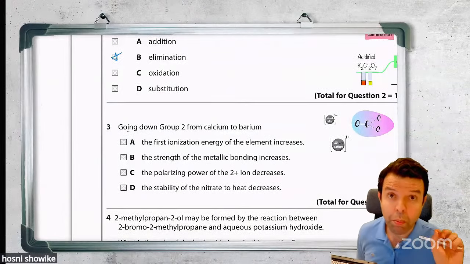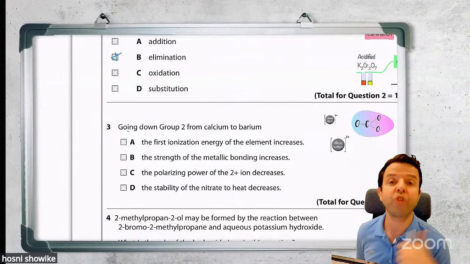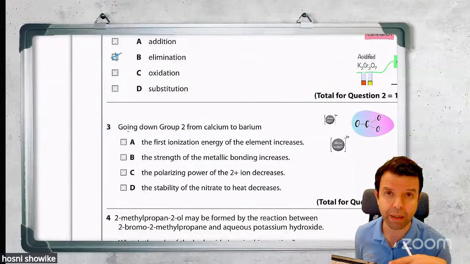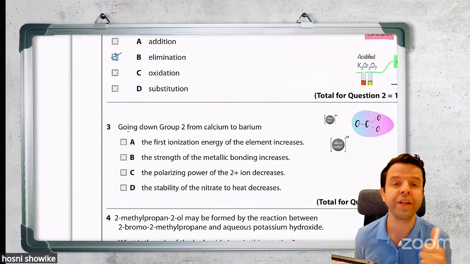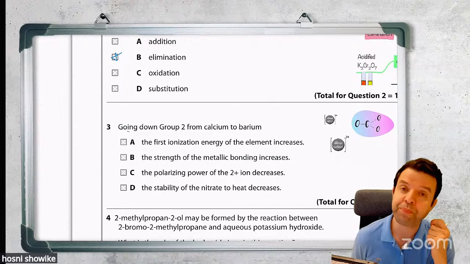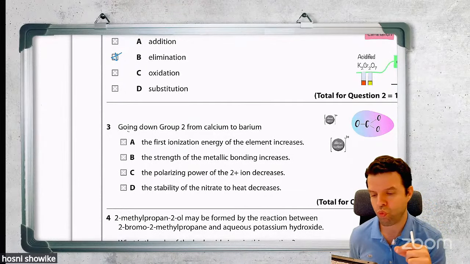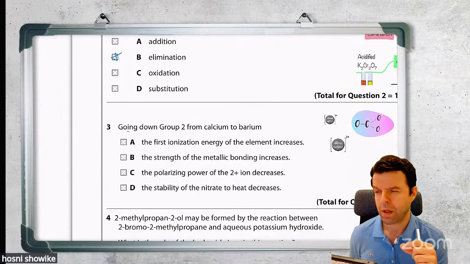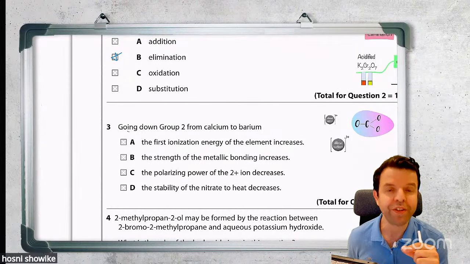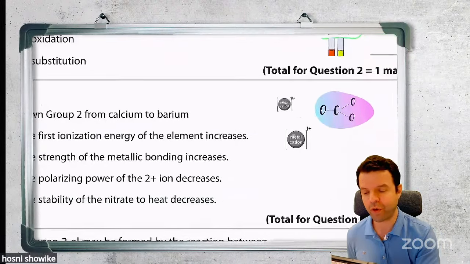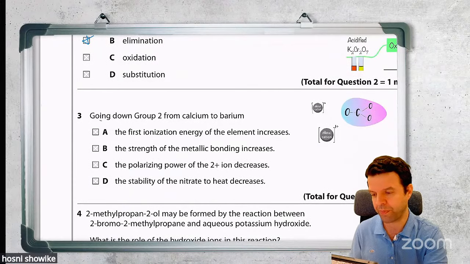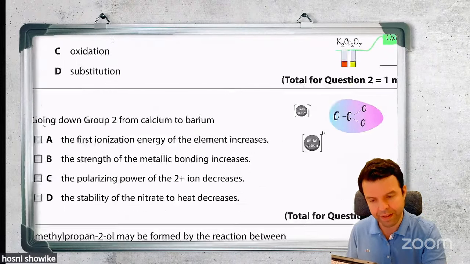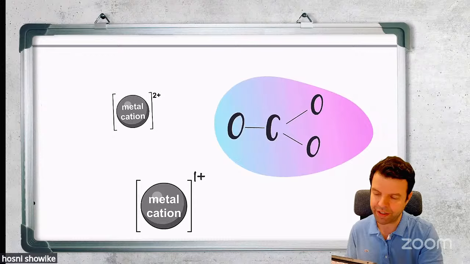Another thing you need to memorize is the trends from inorganic chemistry. I mean the trends of thermal stability, and the trend of, it's written here actually, polarizing power of these cations. So in terms of thermal stability, let me remind you of something.